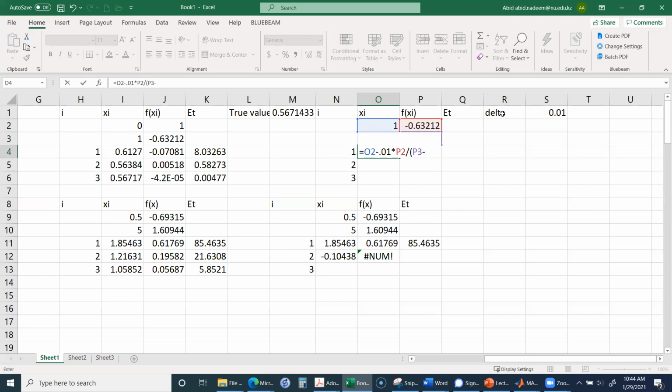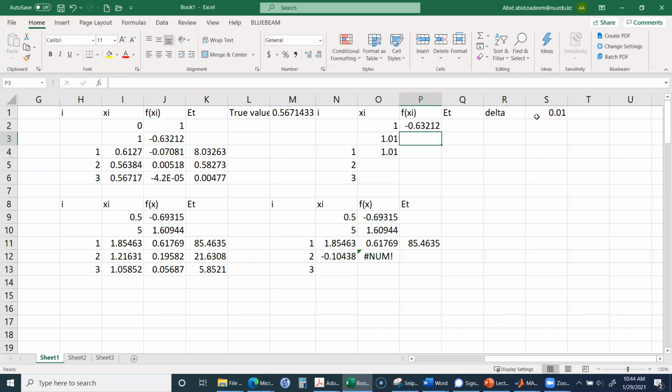Here, because I need the value over here, it is equal to 1.01, and then the value calculated over here.